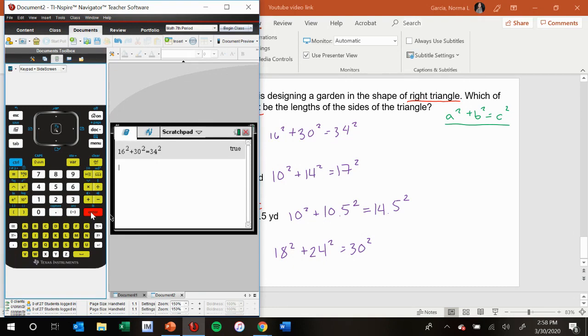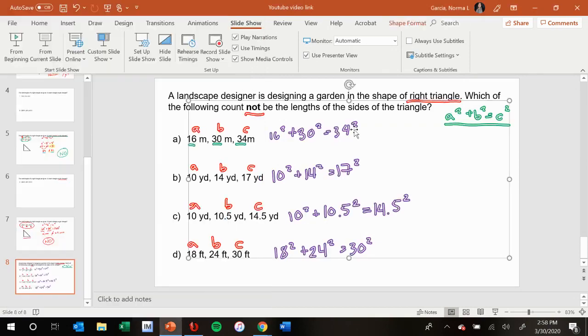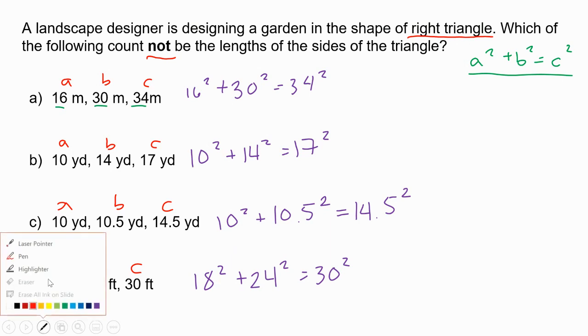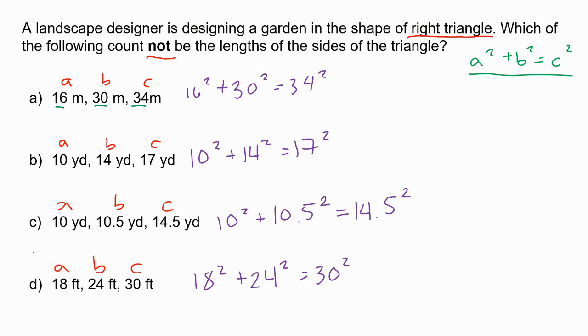And we can see that this tells us that it's true. So what does that mean? That means that these three numbers do equal a right triangle. So let me come back over here. Let me get my pen. So these do equal a right triangle. These three numbers here, they do equal a right triangle.